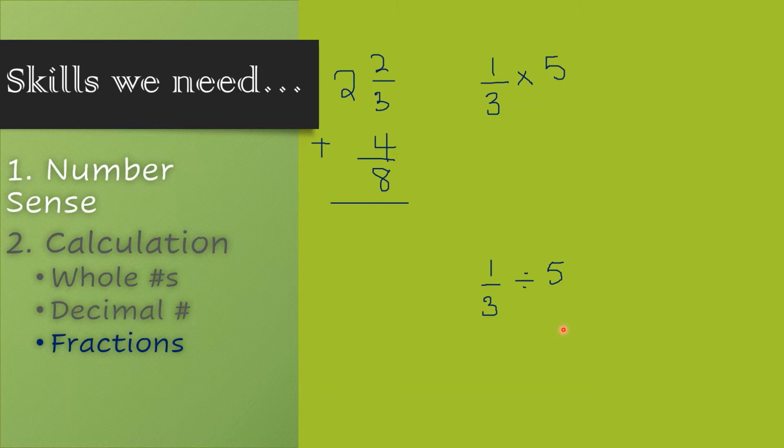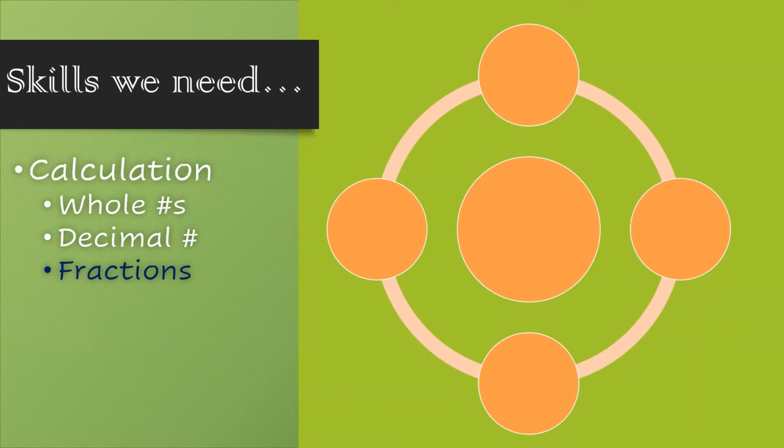So within fractions, there are other side skills that you need to know, like how to find a common denominator or a multiple, how to find equivalent fractions, how to simplify or reduce fractions, and how to convert them from mixed to improper or improper to mixed.